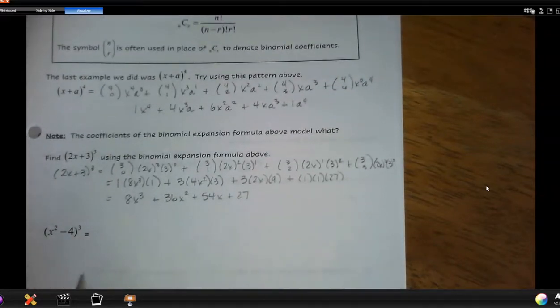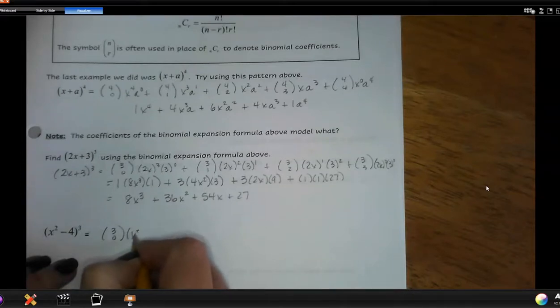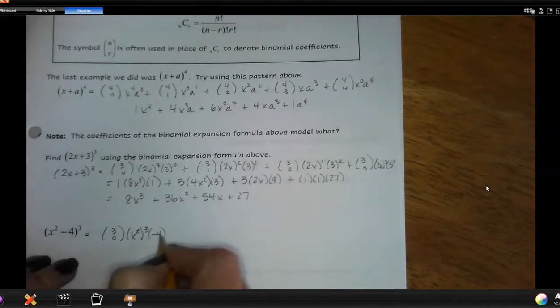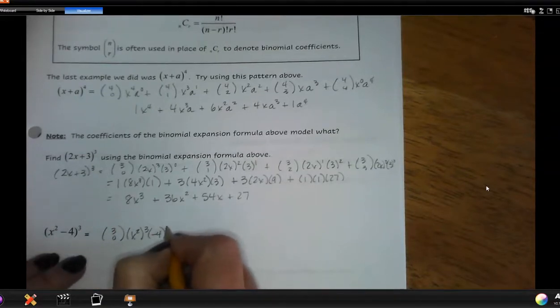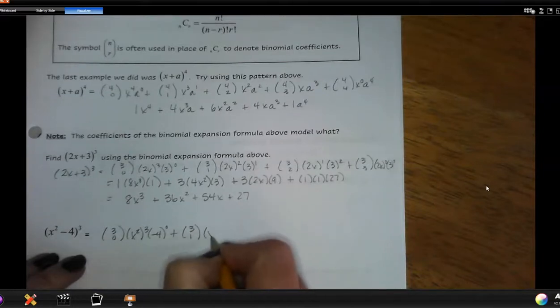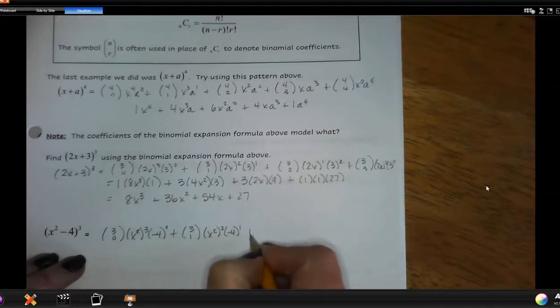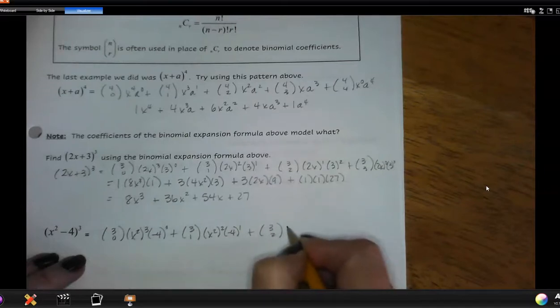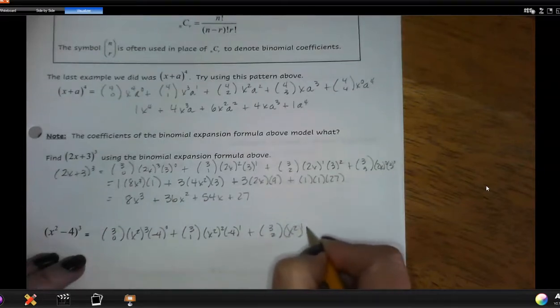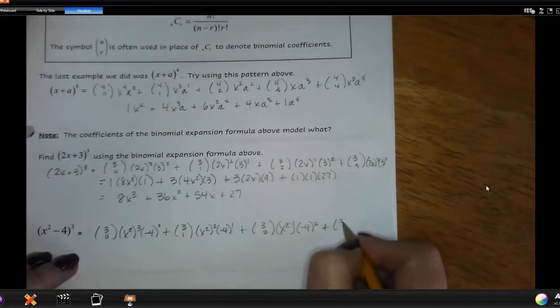Okay. x squared minus 4, cubed. 3 take 0, and then we would get x squared cubed, negative 4, notice, negative 4 because it was minus, to the 0. Then 3 take 1, which will give us x squared squared, negative 4 to the first. 3 take 2, x squared to the first, negative 4 squared, and then 3 take 3.